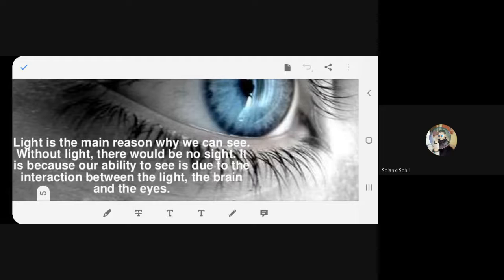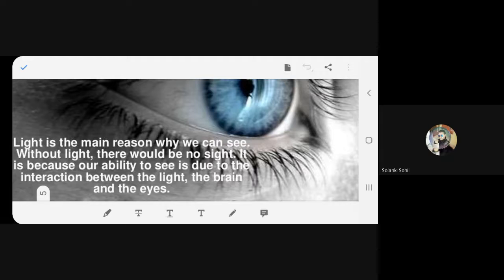Yes. The presence of light makes us see. Without light, there would be no sight. That means we would be blind. Because of our ability to see, why? Because something is happening inside our body. There's interaction. The word interaction means there's a combination, a coordination between the light, that is the source, then the brain, which registers what you saw, and the eyes, which receive the light.